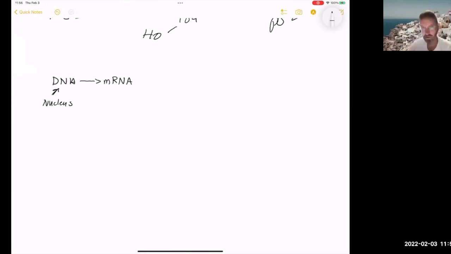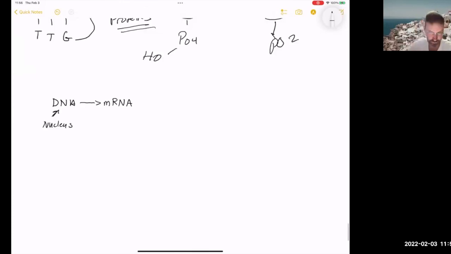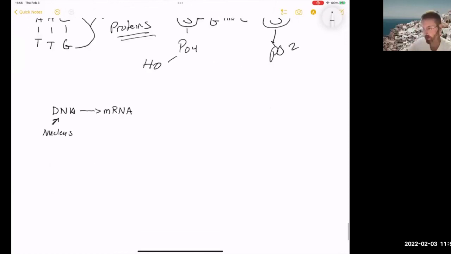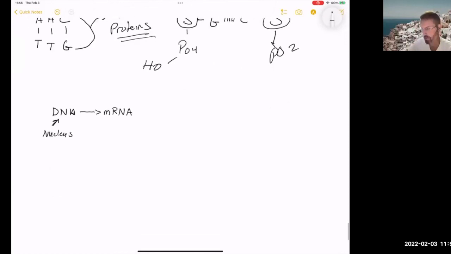And in ribonucleic acid, the structure is very similar to DNA. One of the major changes, however, is that in DNA, adenine complements thymine and guanine complements cytosine, but in RNA, adenine is complemented by uracil as opposed to thymine, and guanine cytosine.